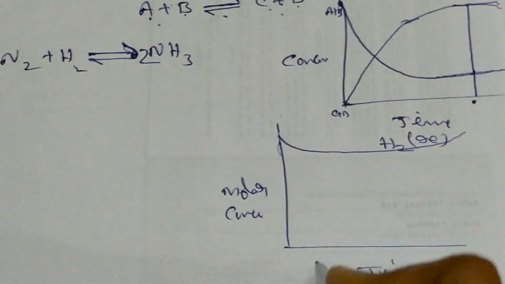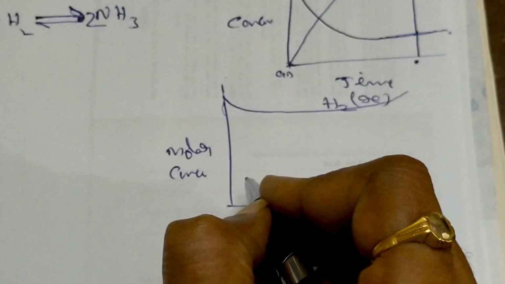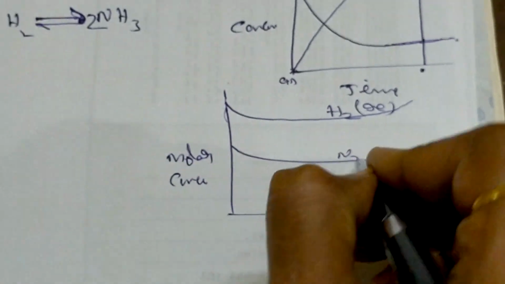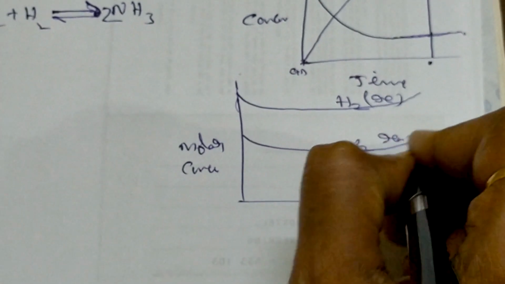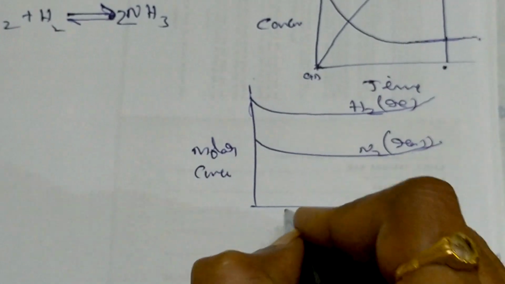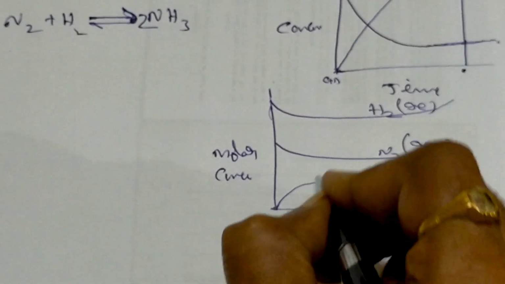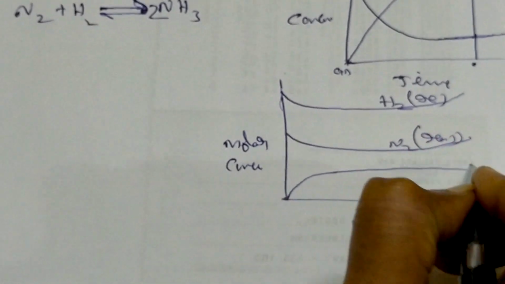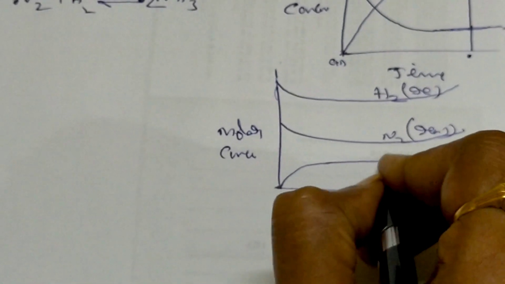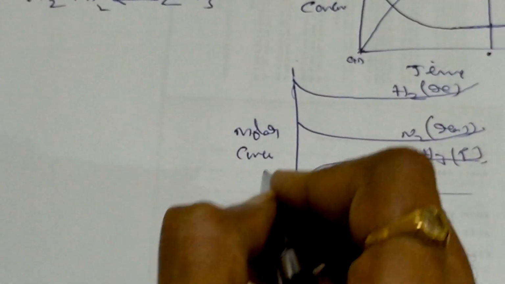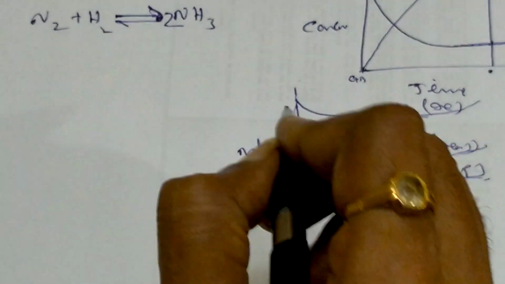Another reactant is nitrogen. The product is ammonia. Initially it is 0, and after some time it attains a particular value. This depends upon the temperature conditions.